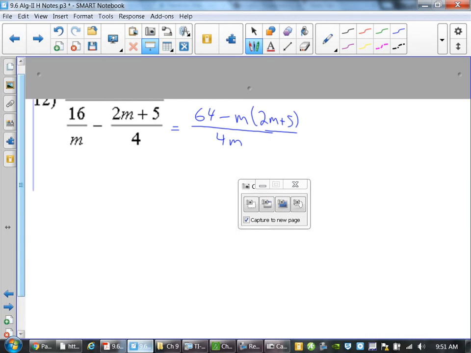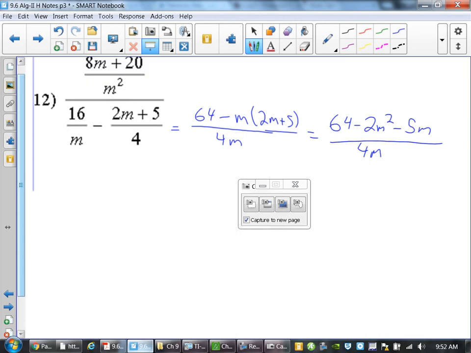I tried to do too much at once. So now my denominator is going to be 64 minus 2m squared minus 5m. Now that fraction that was up top, 8m plus 20, I'm just going to rewrite.